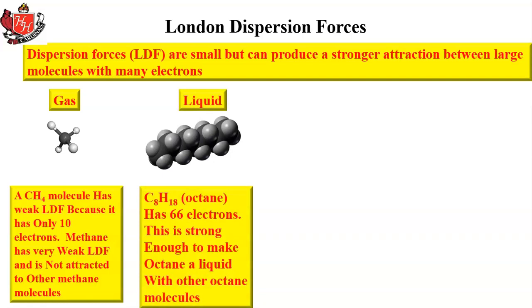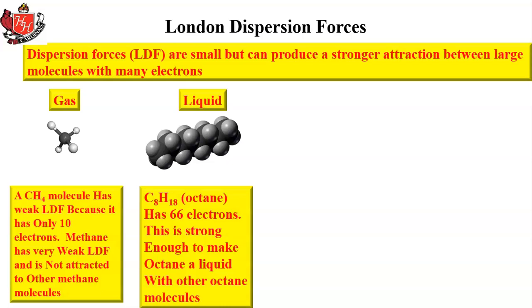Now, let's take octane, which is C8H18. It has 66 electrons, a lot more electrons. This is strong enough to make octane a liquid with other octane molecules. Why? Because those London dispersion forces, which between just a single electron and a single proton are very weak, when you get enough electrons all pushing each other to one side, they can make the polarity of an octane molecule fairly strong.